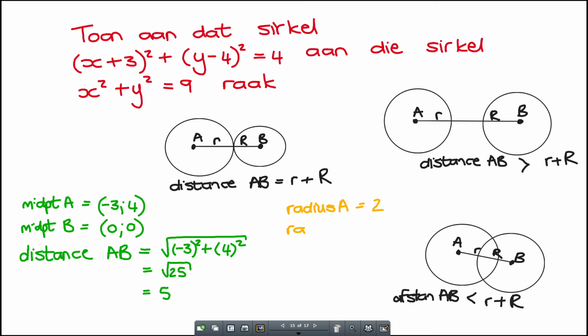Okay, the radius of B, kyk gou-gou, B was gewees 9, maar dis mos radius kwadraat, so therefore radius would just be 3. So if I go add those two, can you see it also gives me 5? No. So because the distance is 5 and the two radiuses added are 5, therefore they do touch. Nee, so jy kan sê die sirkels raak mekaar.